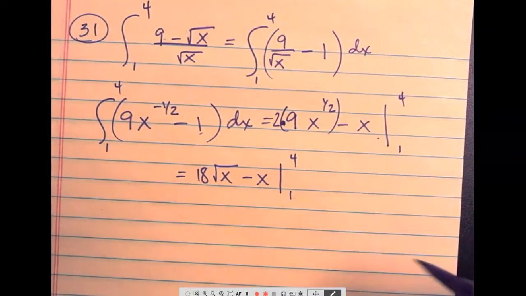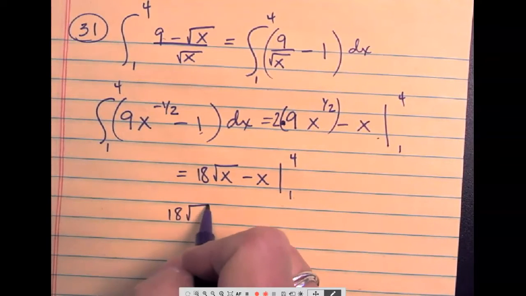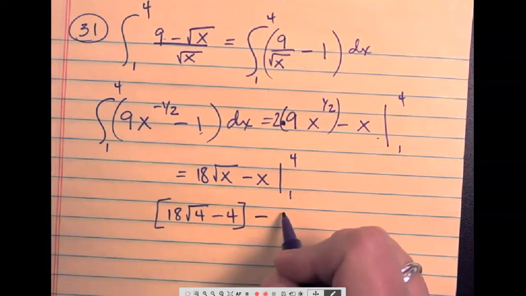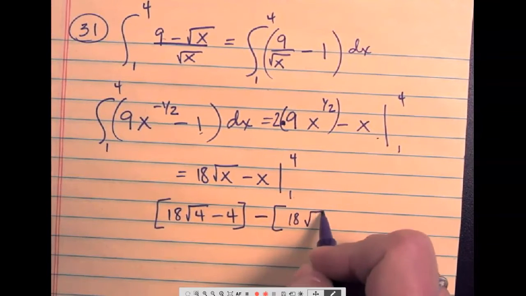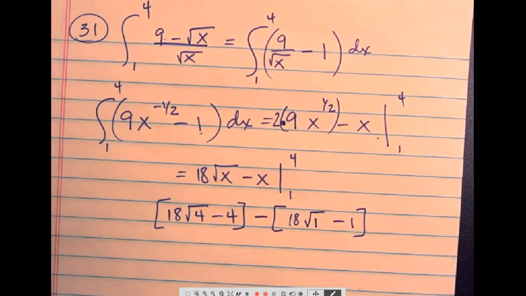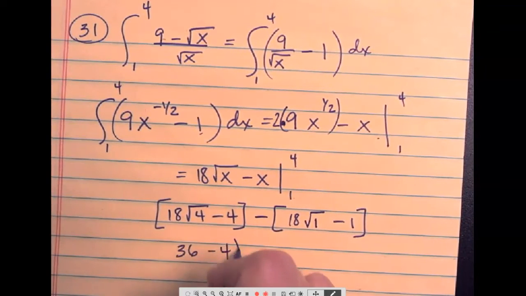It's downhill from here. Just sub in 4, minus sub in 1. So that's 18 times 2 is 36 minus 4.